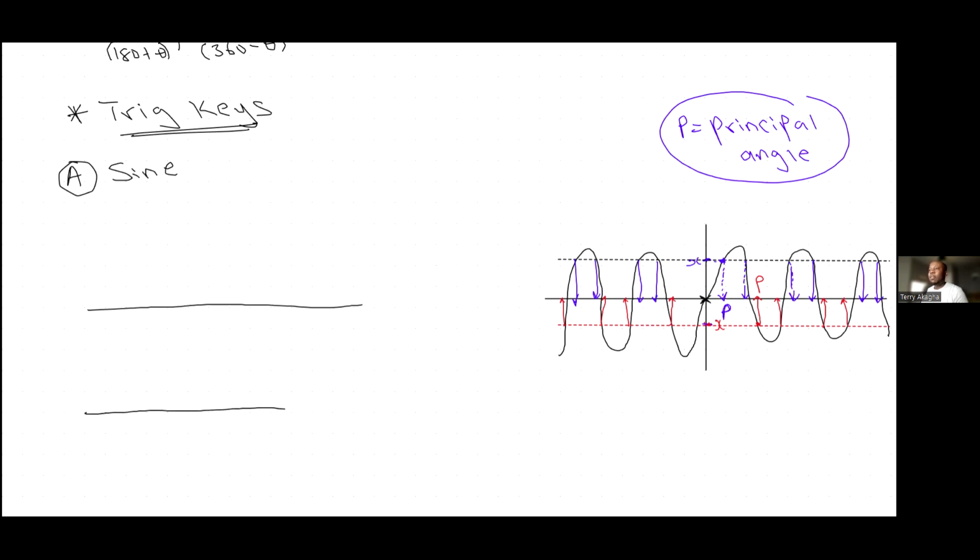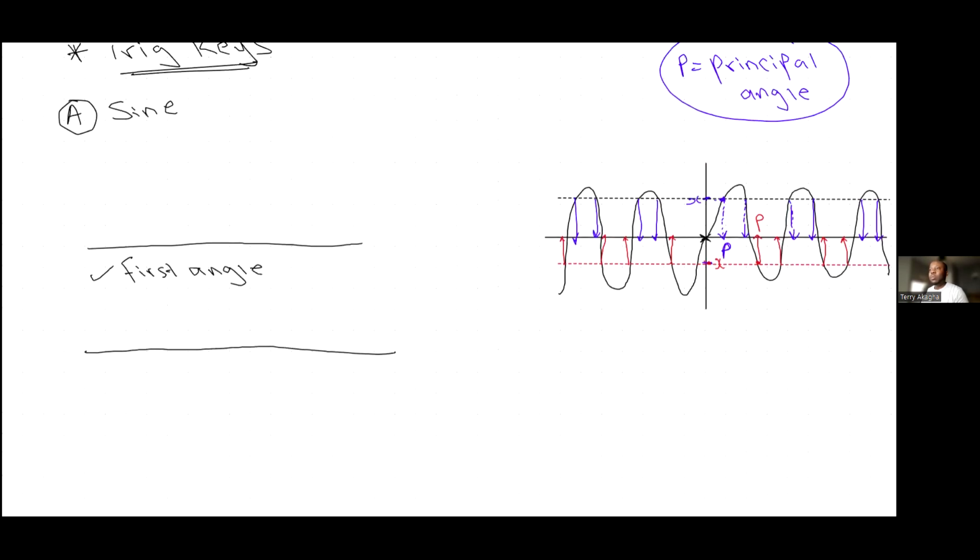So the first thing is that you draw two lines. Now to get the first angle, you can call it the principal angle, okay? Like here, I called it the principal angle. That is P, all right?